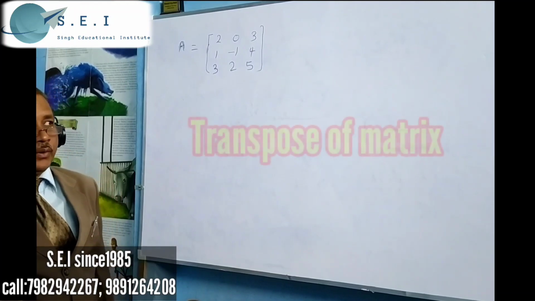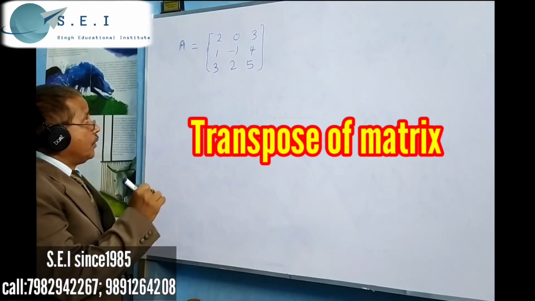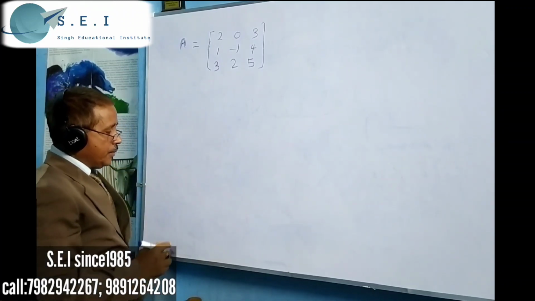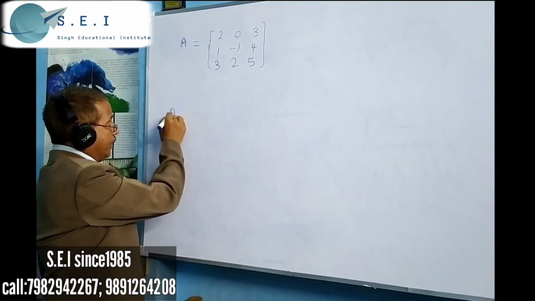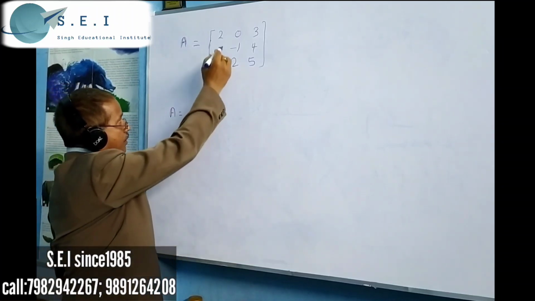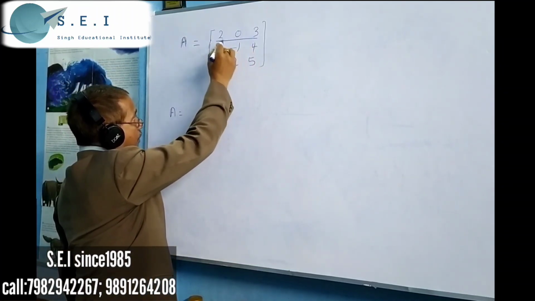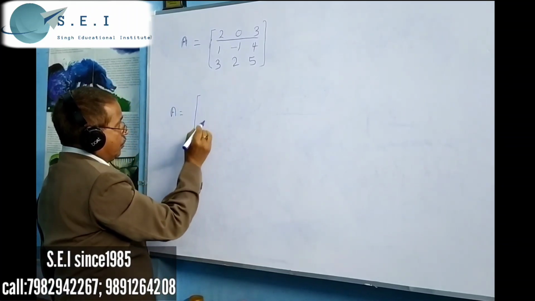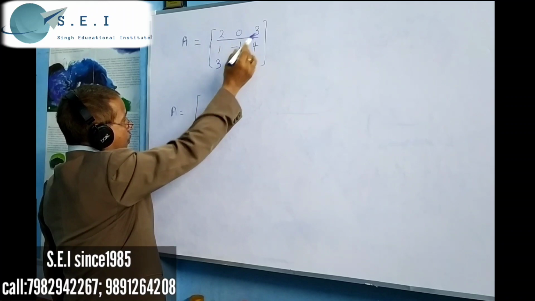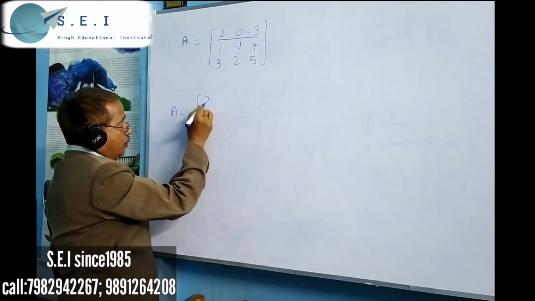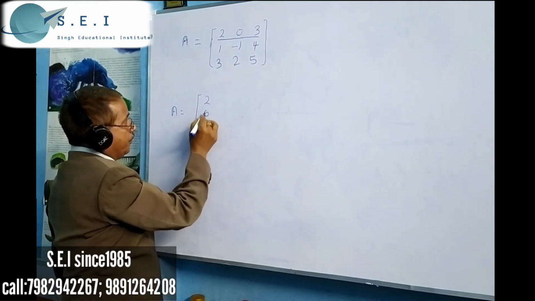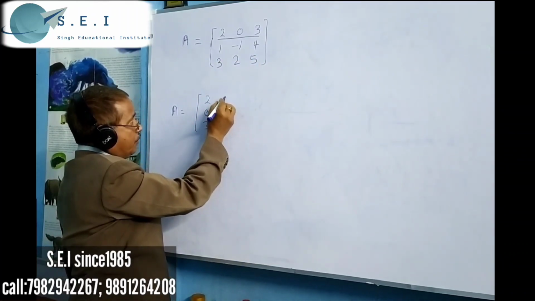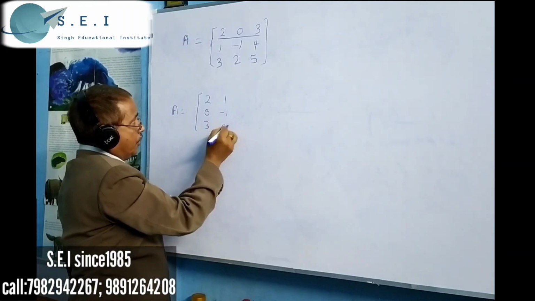In the next topic, we want to know about the transpose of a matrix. The transpose of a matrix is obtained by changing the rows into their corresponding columns. Like the first row is changed into the first column, so this row is changed to 2, 0, 3, and the second row is changed into the second column, which is 1, -1 and 4.